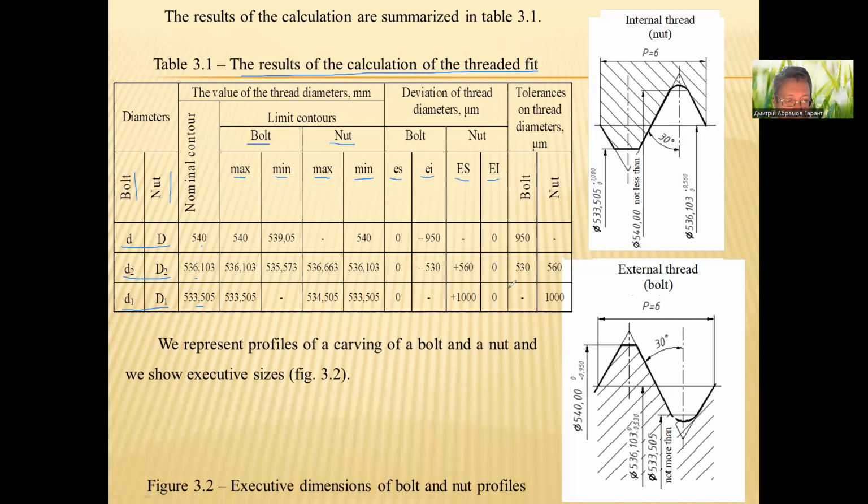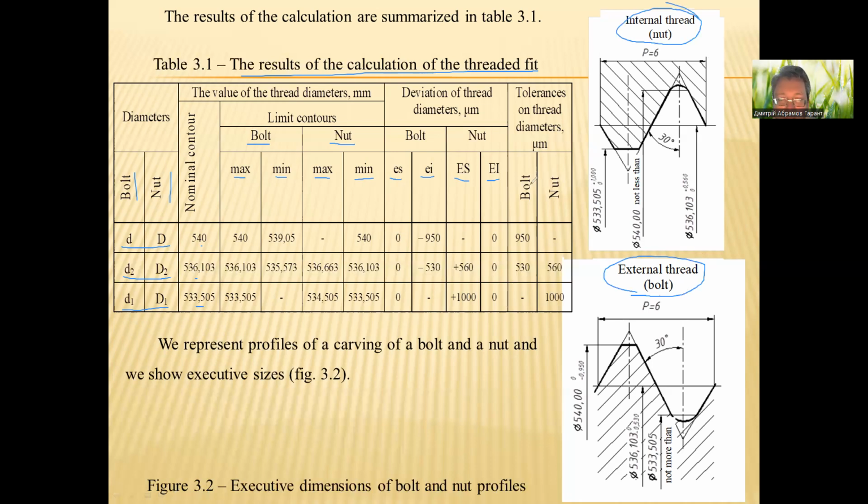Then we represent profiles of a thread of a bolt and a nut, and we show executive sizes, like in figure 3.2. You can see figure 3.2, executive dimensions of bolt and nut profiles.